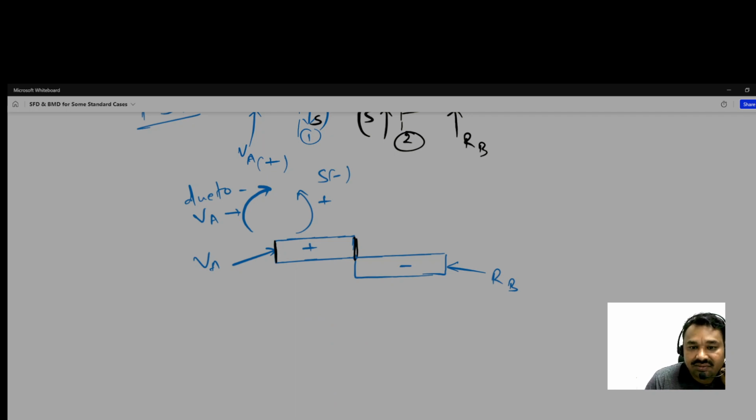VA is equal to W by 2, RB is equal to W by 2, which we can get due to symmetry or from the calculation also. And this is our SFD.